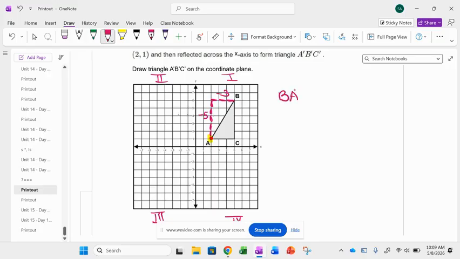So from B to A, I'm -5 over -3. Do we agree that's just a 5/3? The slope of BA. So what's the slope of the perpendicular? What's the slope of the perpendicular? Jordan?